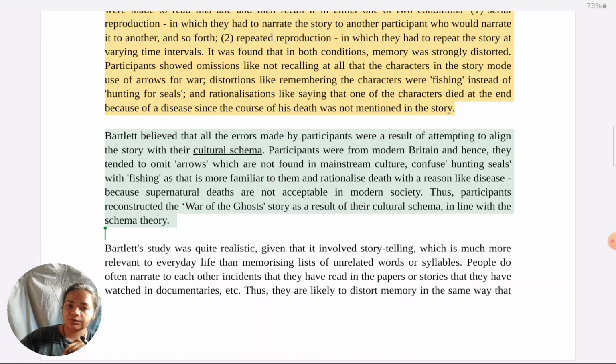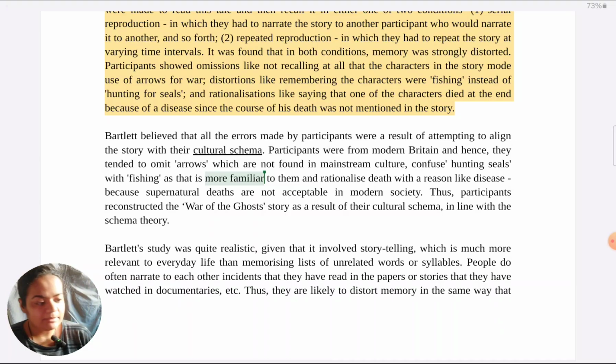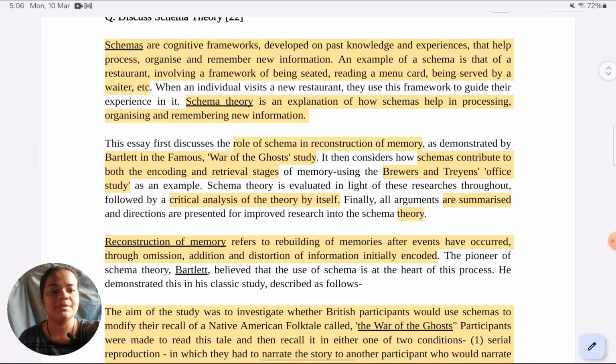Exactly what distortion happens in memory is explained in the conclusion: rationalizing things, omitting certain details, familiarizing certain things. Those of you who are doing Bartlett's theory of the schema reconstruction of memory must remember what errors he has spoken about when it comes to using schema. Omission, rationalization, familiarity. This is adding to the argument which was made initially.